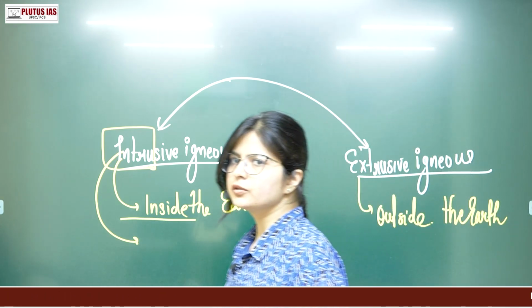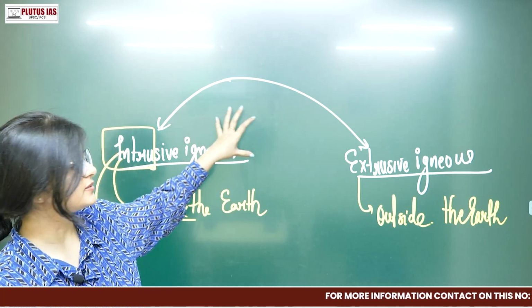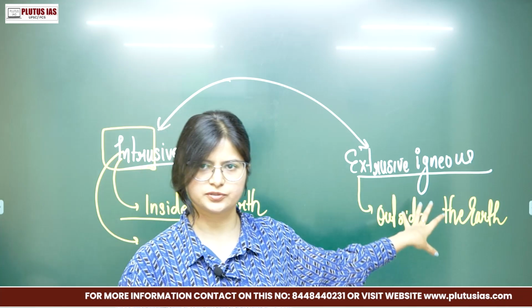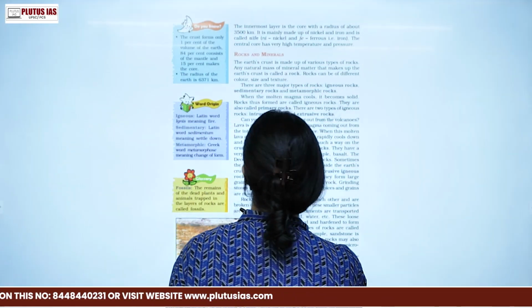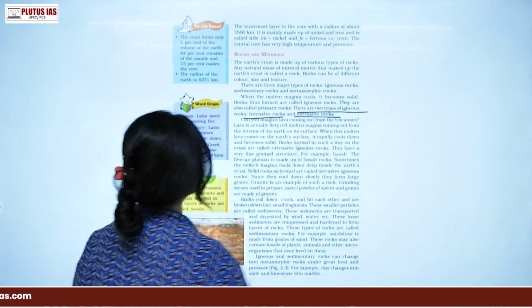Done. So igneous rocks have two types, intrusive igneous rocks and extrusive igneous rocks.